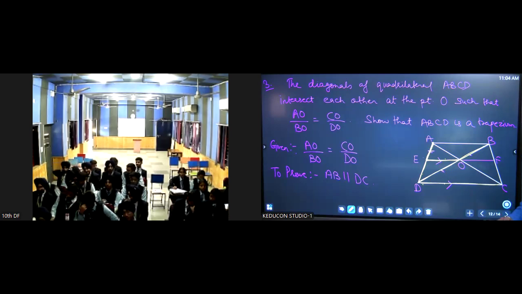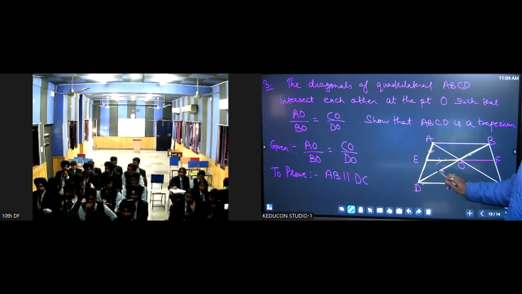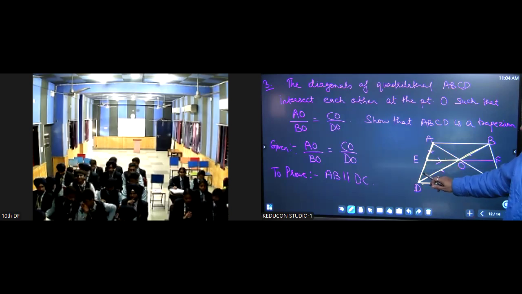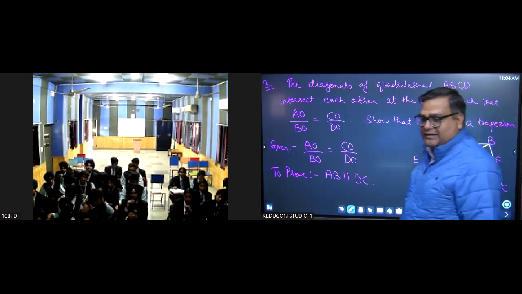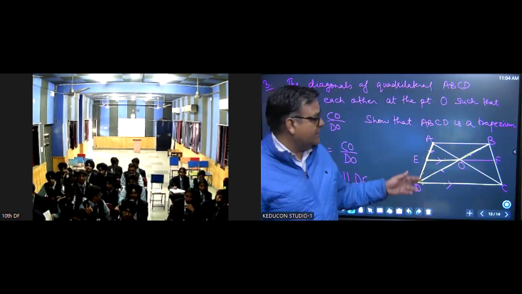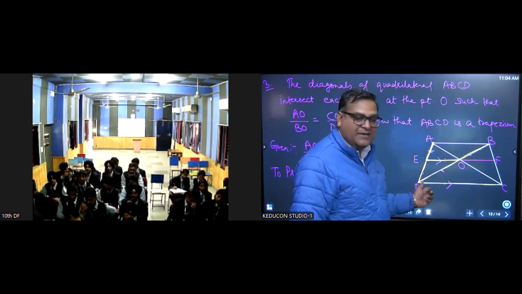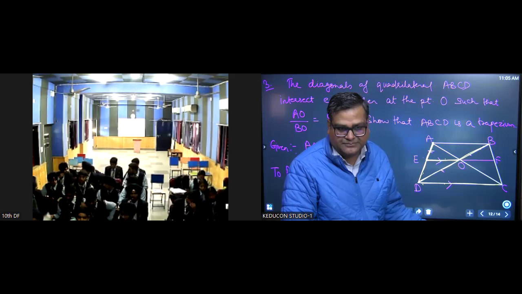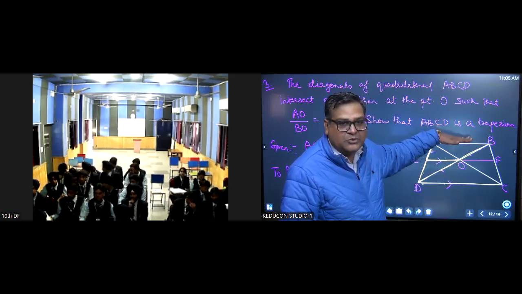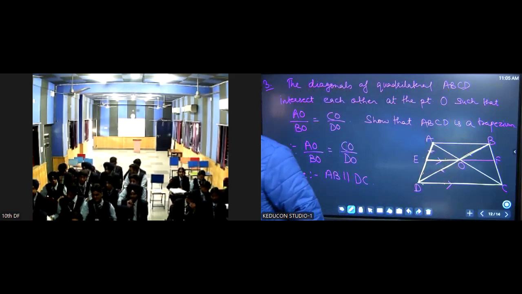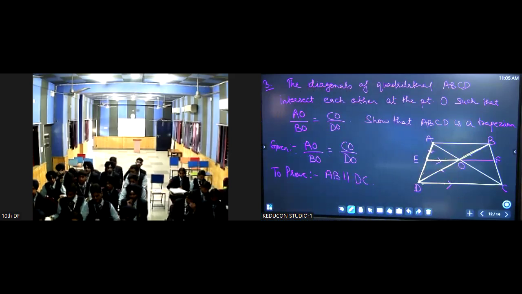Now it was given to us AO upon OC equal to BO upon OD, तो वहां से हमने क्या कर दिया? AE upon ED will be equal to BO upon OD। जब इन दोनों को इक्वल किया तो ट्रायंगल ABD में हमने कन्वर्स ऑफ BPT लगाया है। जब कन्वर्स ऑफ BPT लगाया तो EO becomes parallel to AB। Is this clear? Is it clear बच्चों?